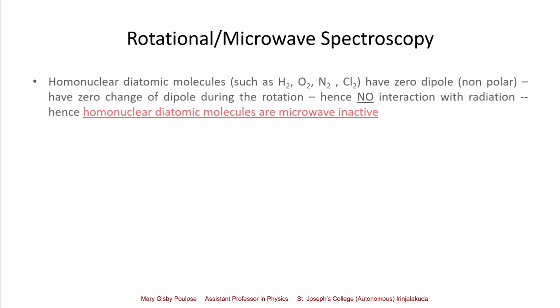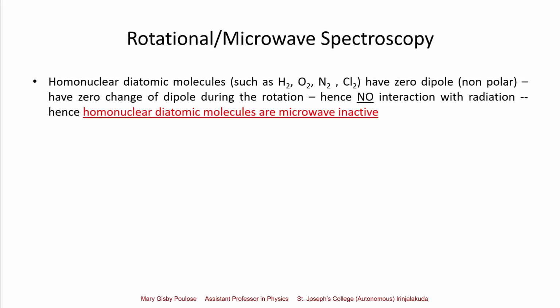So in this spectroscopy, we understand the spectrum from homonuclear diatomic molecules and heteronuclear diatomic molecules. Homonuclear diatomic molecules like the hydrogen molecule, oxygen molecule, nitrogen molecule and chlorine molecule have zero dipole moments since they are non-polar molecules.